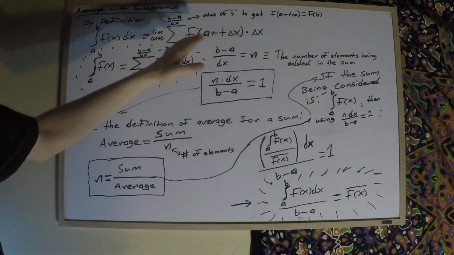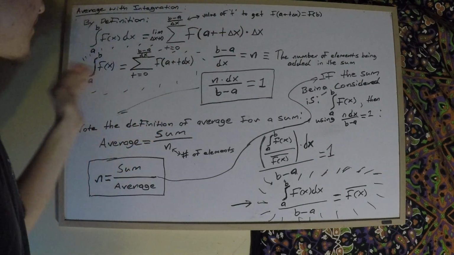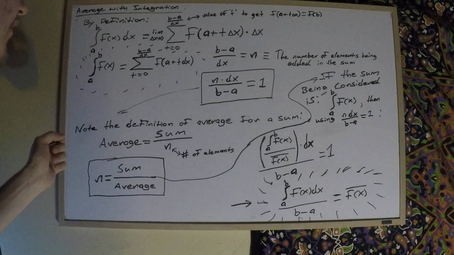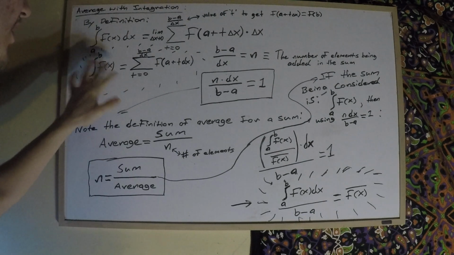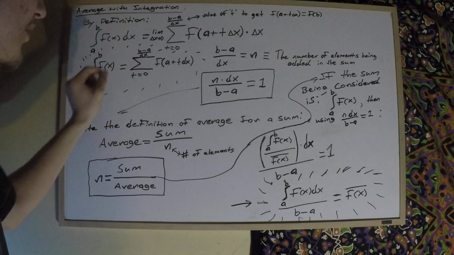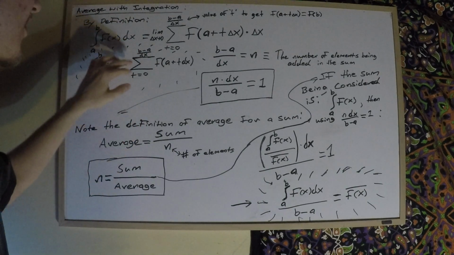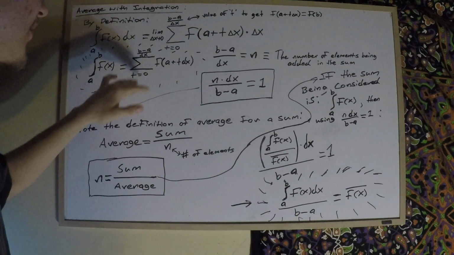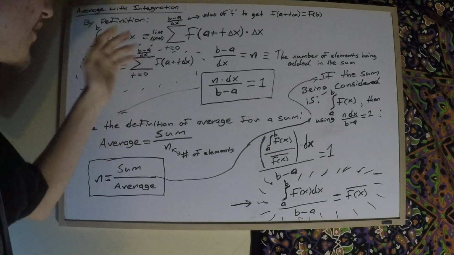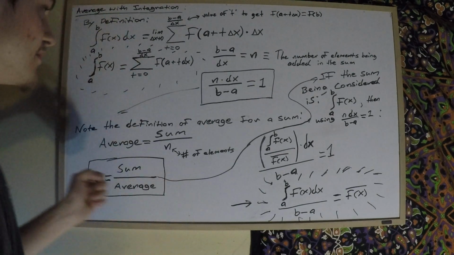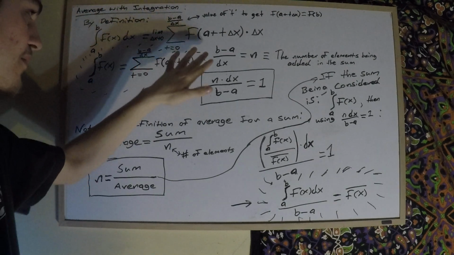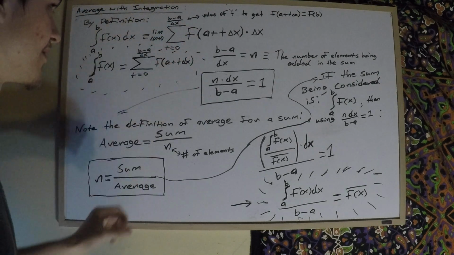So you divide each side by dx, you get the integral from a to b of f of x with no dx is equal to this sum. So you can notice that this is going to be a value that is infinite. There's no dx, so there's nothing that you're multiplying it by.